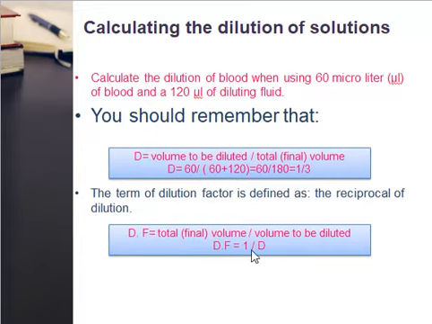As we said, the dilution factor is the reciprocal of dilution, or the dilution inverse, which means the total final volume will be the numerator and the volume to be diluted will be the denominator.